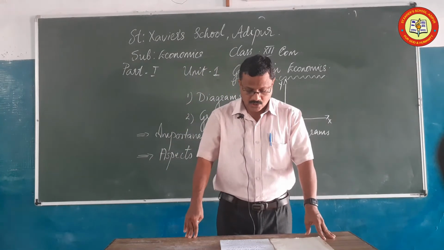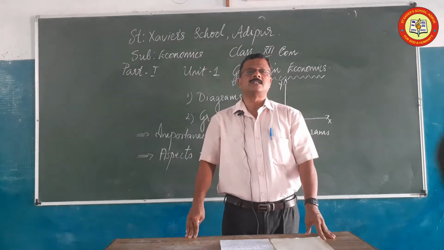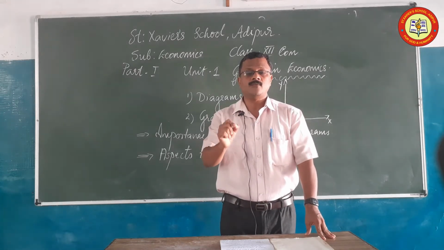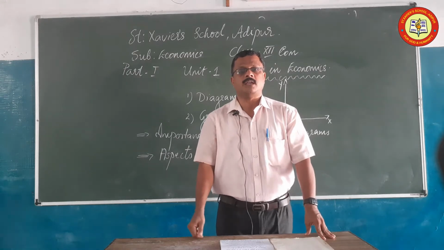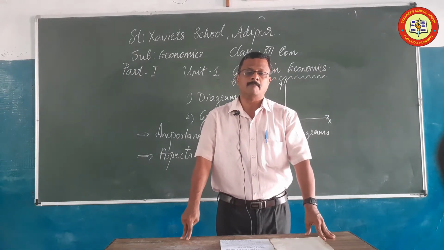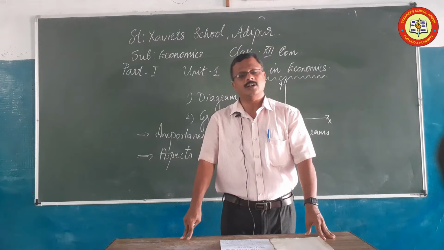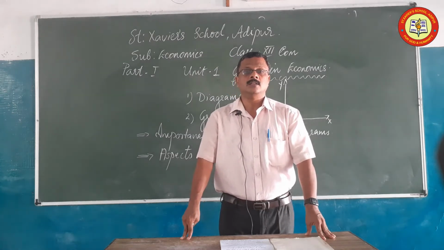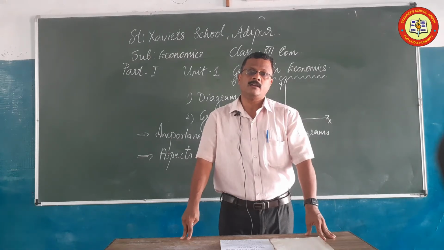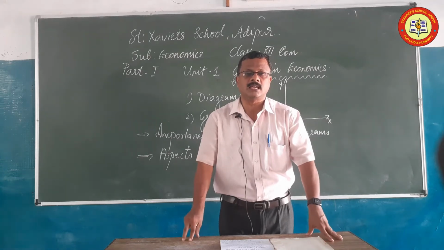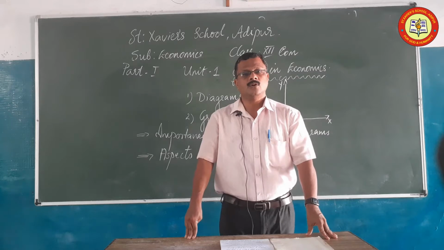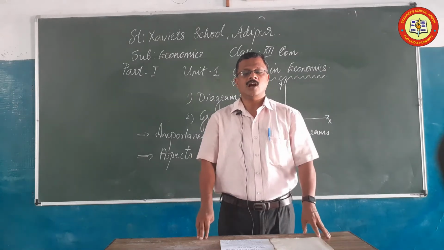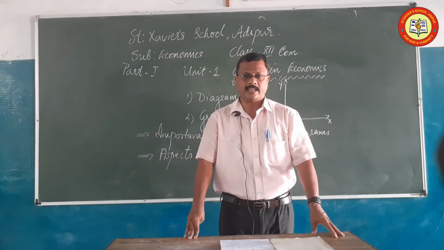And the next one is data table and source of data. A graph or a diagram must be accompanied by a data table. What is meant by data table? It is a table where we can see many figures or data. Without which, how can we draw a graph or a diagram?